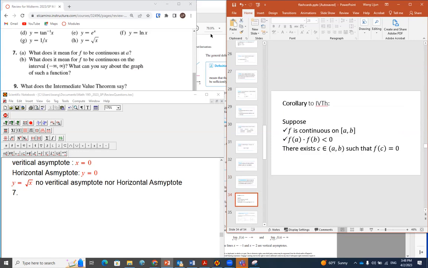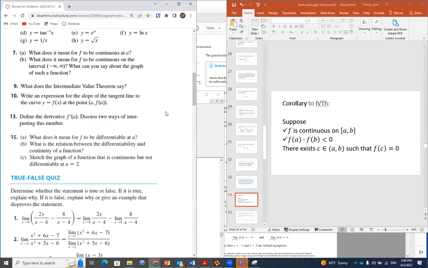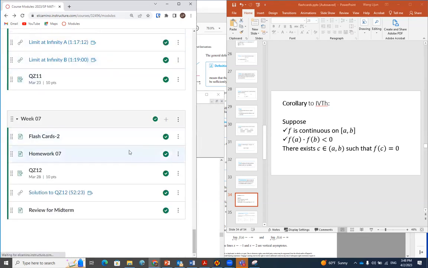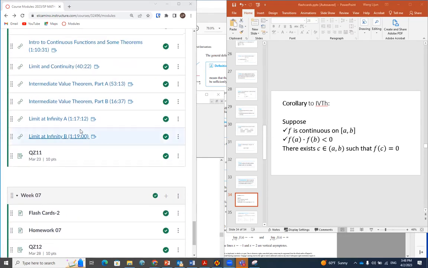In my previous recorded lessons, I have talked about how to apply the intermediate value theorem multiple times. Let me just show you where to find them. Here we go. The application of the intermediate value theorem.